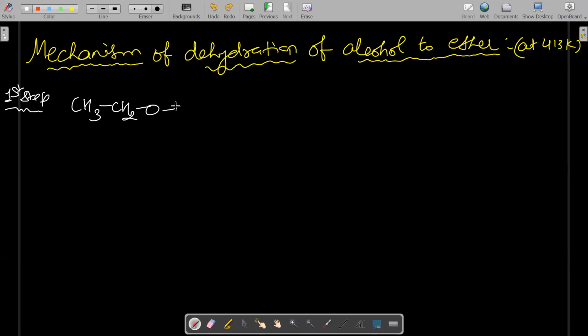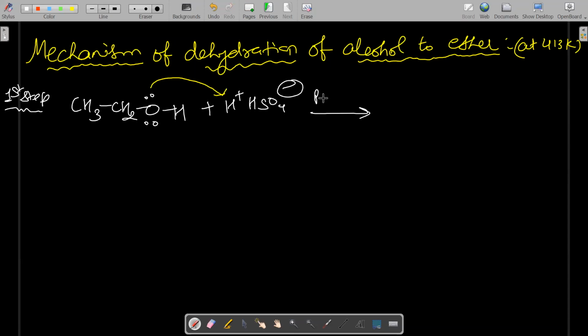In the first step, 1 mole of alcohol, all of you know alcohol acts as a base because of the presence of a lone pair, when it reacts with a very strong acid like sulfuric acid. So it takes a proton and hence that step is called protonation. So the first step is the protonation of alcohol.